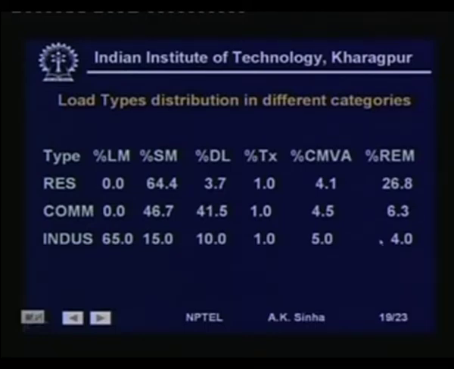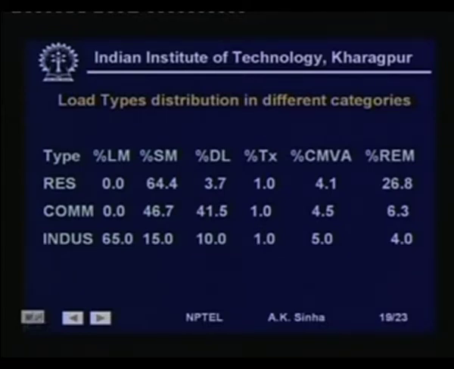So, this shows that we have some kind of a division of different types of load for different sectors. These may not be exactly the same, but will follow similar trends at various substations.